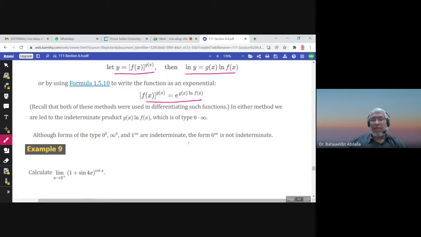And note that 0 to the power infinity is not an indeterminate form. It is 0. But these three are indeterminate forms.